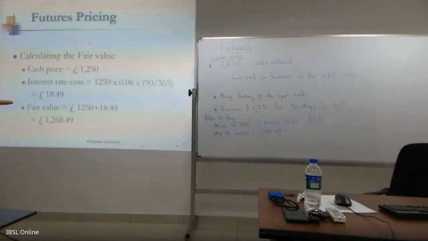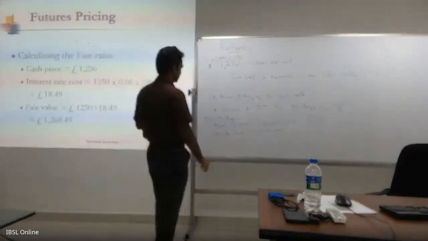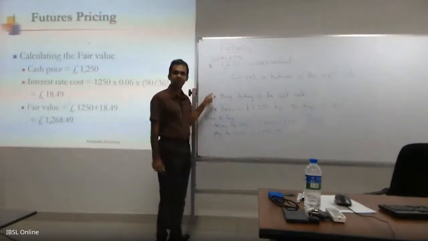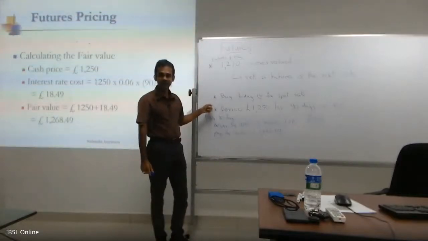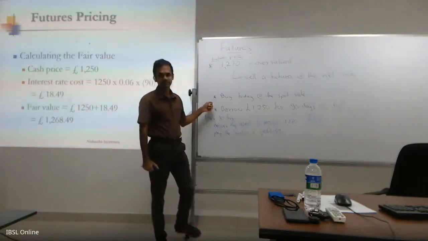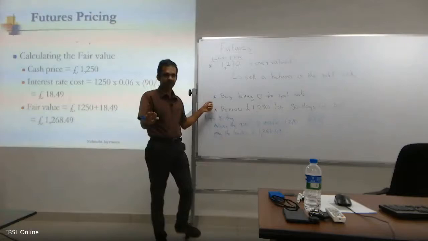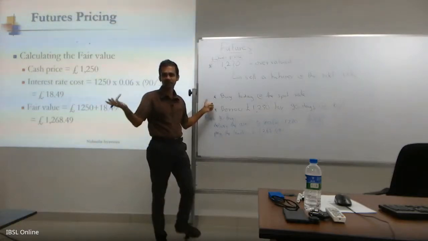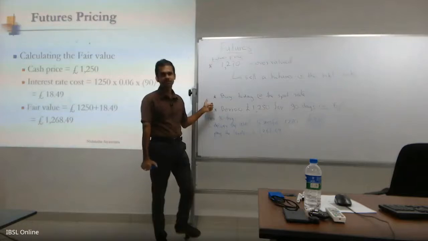One more. If you buy the asset, you have to do this transaction. You borrow money. Even if you use your existing funds, in the system, loanable funds go down.